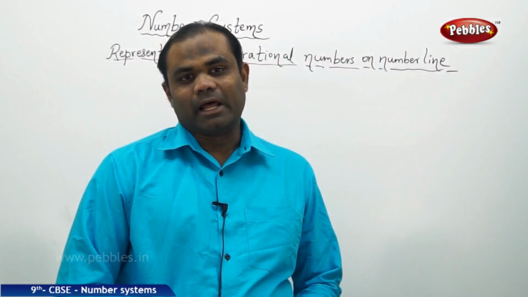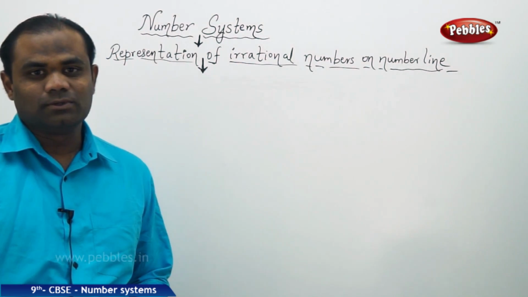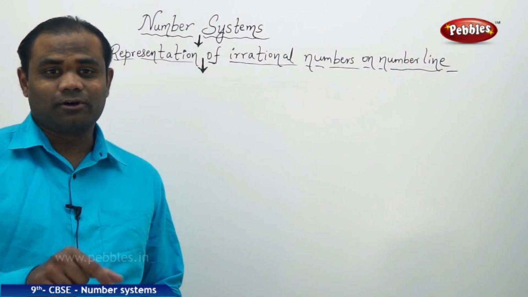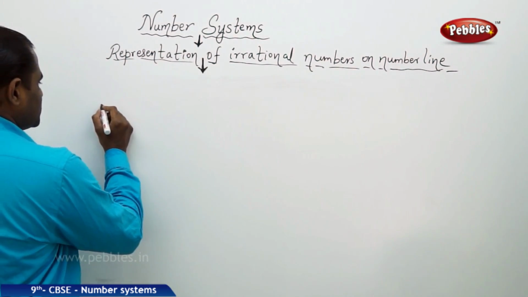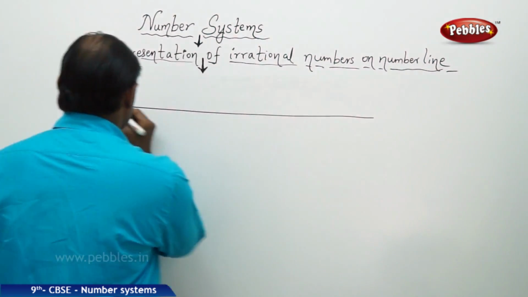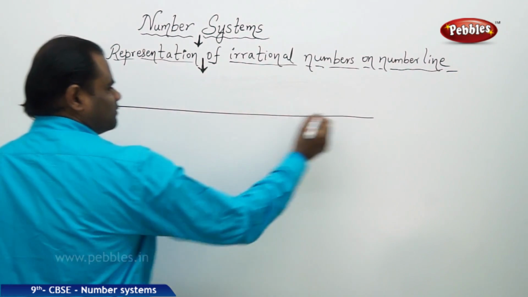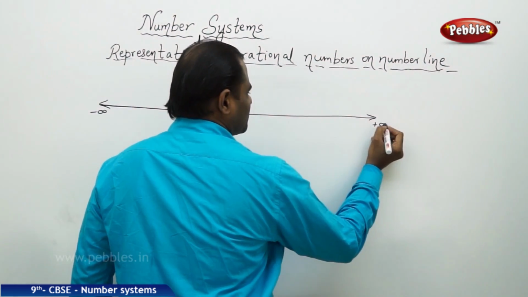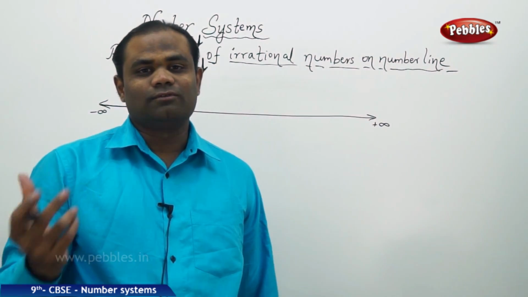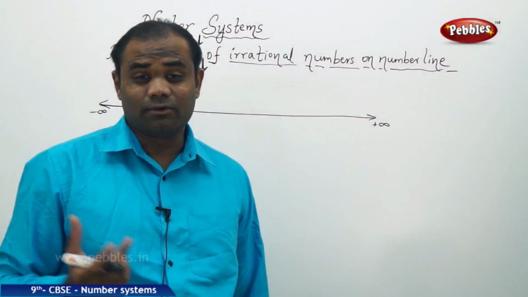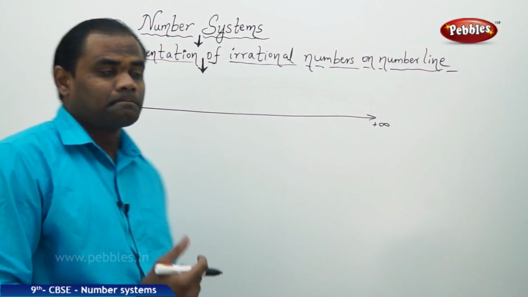Let me take the number line before we construct the representation of root 2 on it. So here is the real number line, which extends from minus infinity to plus infinity, with all the points on this line being the real numbers of the number system.